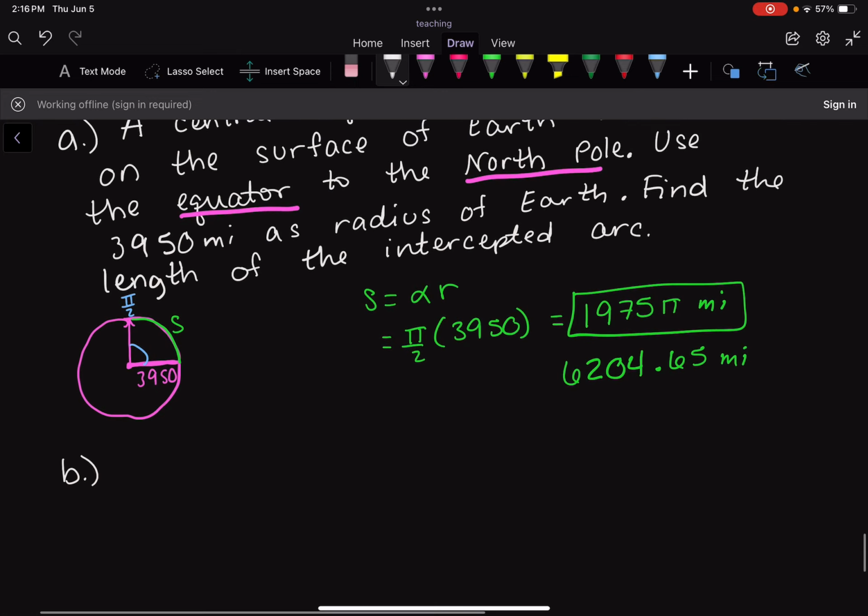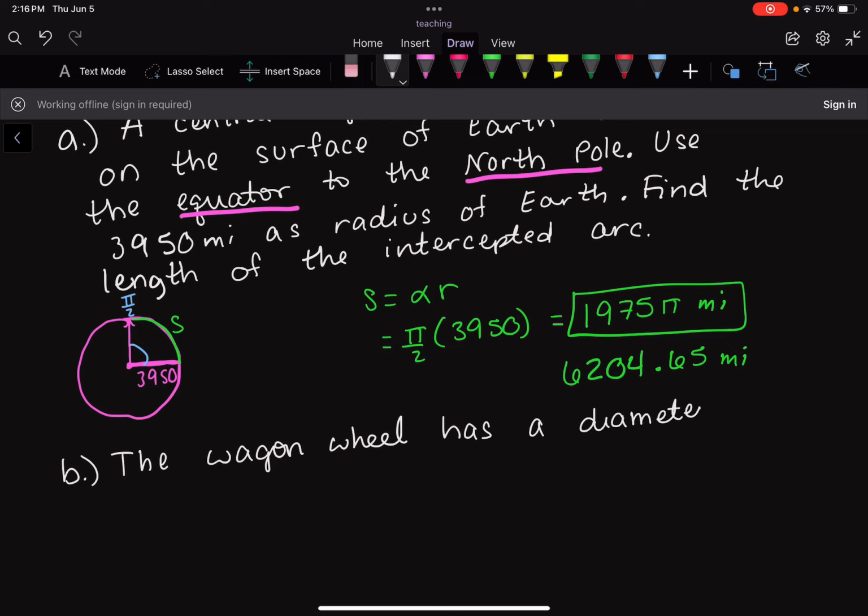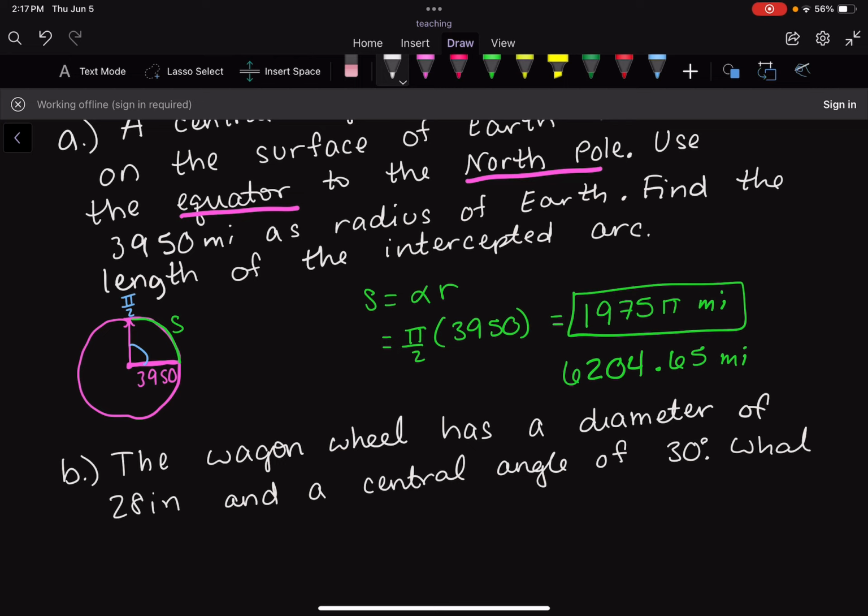It says a wagon wheel has a diameter of 28 inches and a central angle of 30 degrees. What is the length of arc S?